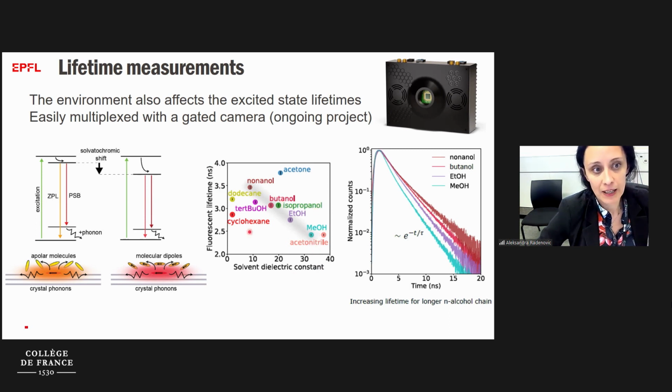And in the last few months, we have transitioned from using only two avalanche photodiodes to arrays of avalanche photodiodes, so-called SPADs, in which we have at our disposal 512 by 512 avalanche photodiodes that all operate at the same time, allowing us to do lifetime measurements in wide field geometry.